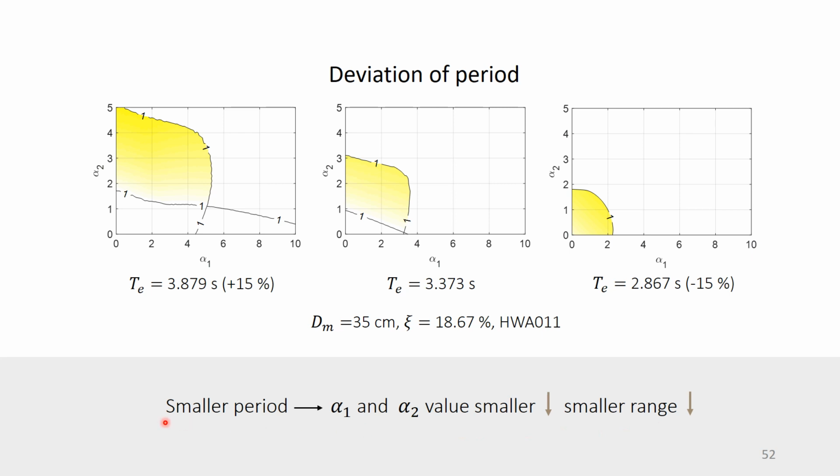This is because a smaller period means the structure is stiffer. With a stiffer structure, if the values of alpha 1 and alpha 2 are too big, then the acceleration response can be very big. So the result is that alpha 1 and alpha 2 values are smaller.